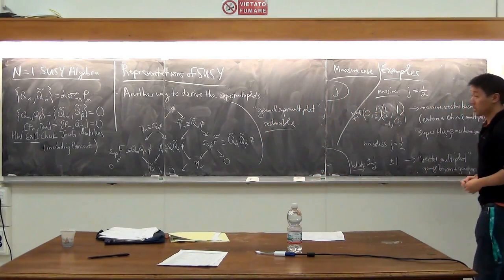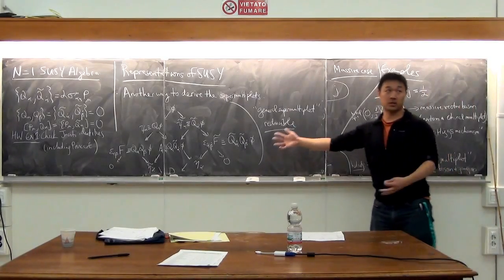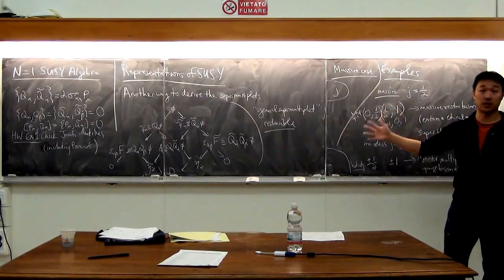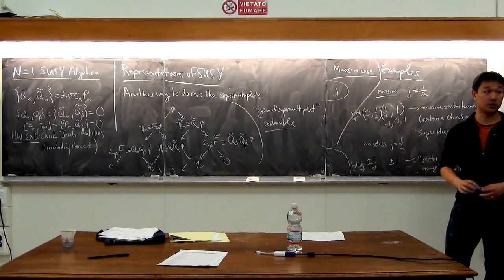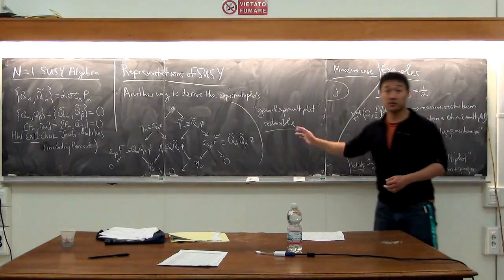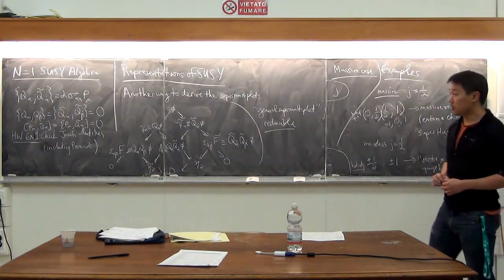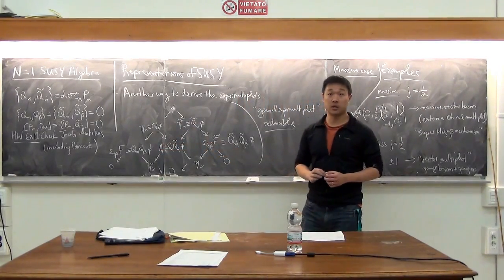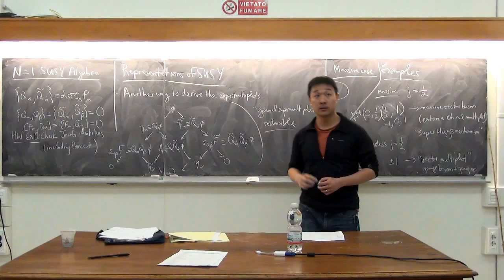Okay, so it's reducible because it doesn't follow this classification that we just did. Right? It's much bigger than the irreducible multiplets we just derived. Okay, so we know it has to be reducible. So from this point of view, what does it mean for this thing to be reducible?